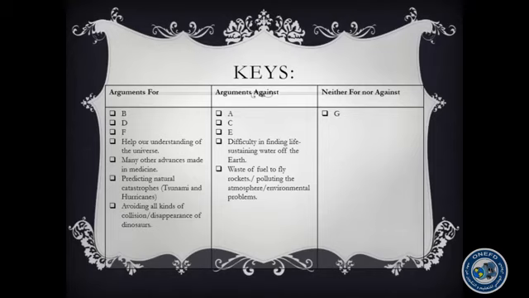Extracts A, C, and E are against space exploration, and again we added 2 other ideas to support these arguments, for example, difficulty in finding life-sustaining water off the Earth, waste of fuel to fly rockets, polluting the atmosphere, environmental problems. Lastly, extract G is neither for nor against. It just speaks about space exploration in general, and that's it. Okay?